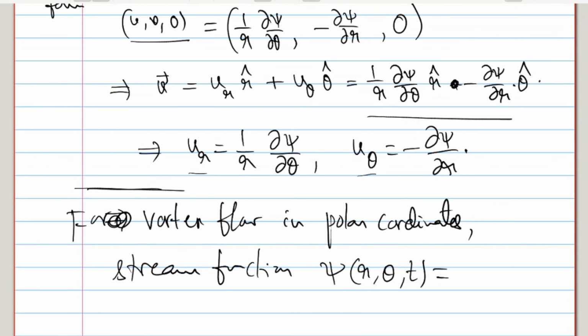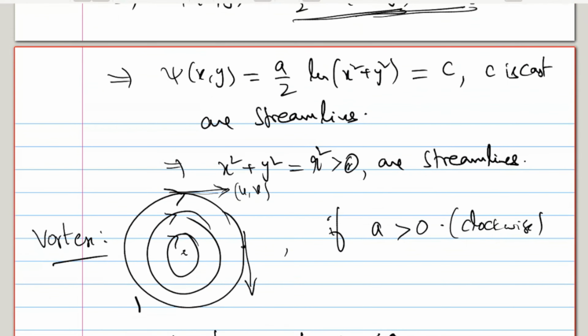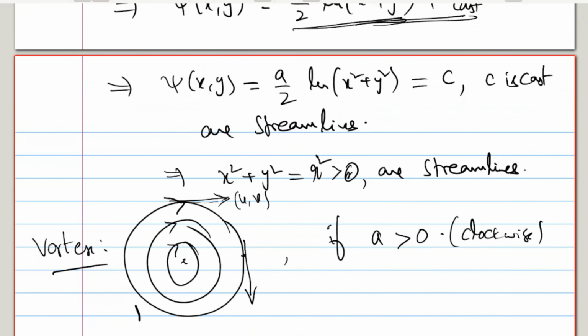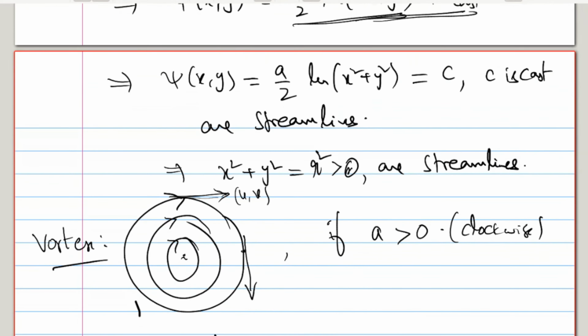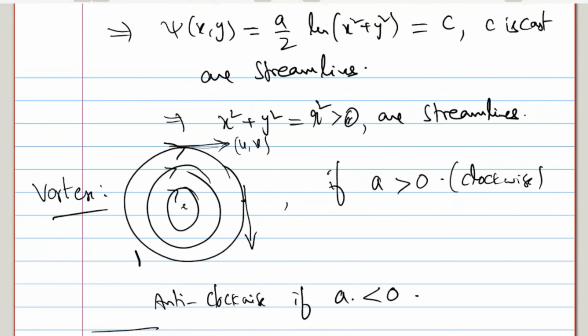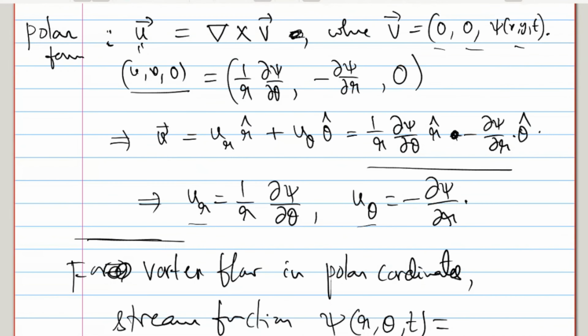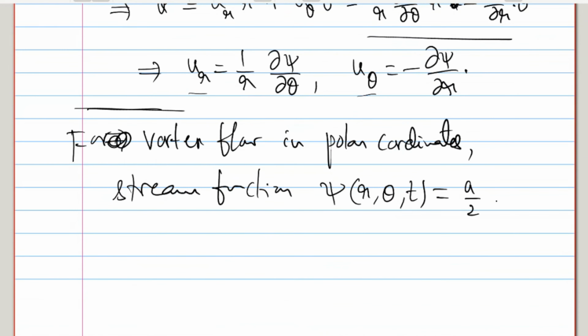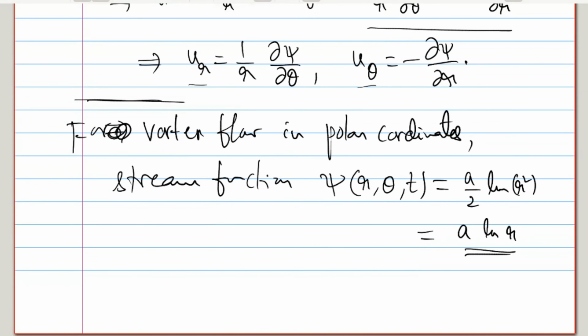What do you get? a by 2 times ln of x squared plus y squared, which is r squared. So that is a by 2 times ln of r squared, which is simply a ln r, since the 2 cancels. So a times ln r is basically your stream function in polar coordinates.